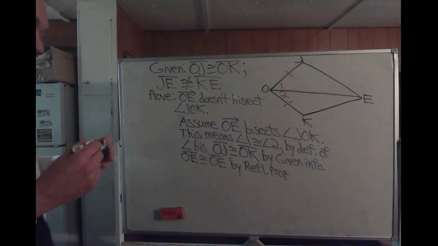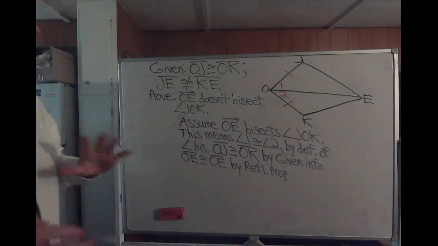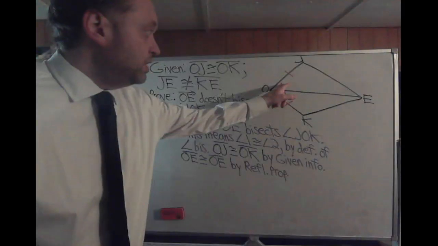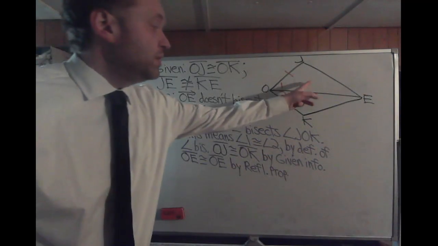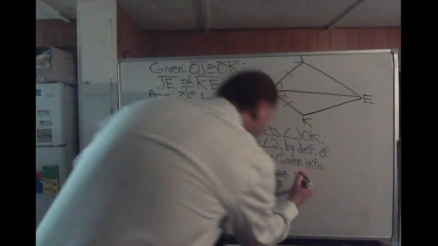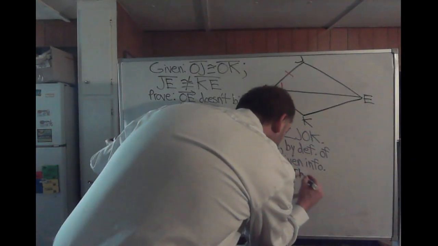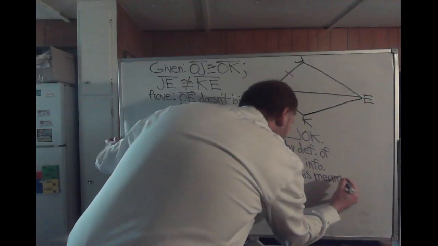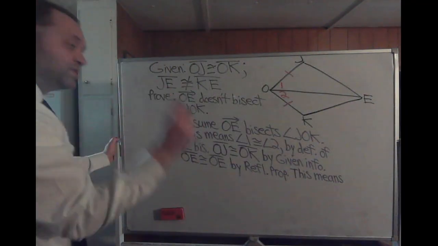So what does that mean? If we're going on the assumption that OJ is congruent to OK, angle 1 is congruent to angle 2, and then OE is congruent to OE, this means, so in each triangle then we would have a side, angle, and side congruent.